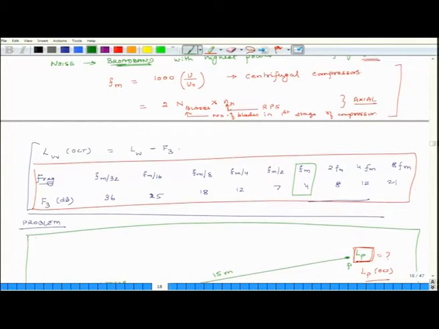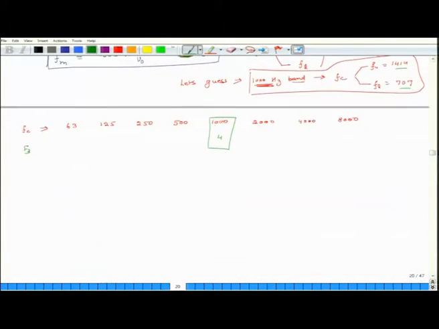So, this is the table which I have given you. When frequency is FM, the value of F3 is 4 decibels. The question is, in which band does FM lie? It lies in the 1000 hertz band. So, in this band F3 is 4 decibels. So, this is my pivot. Now I can put all other values in the table.